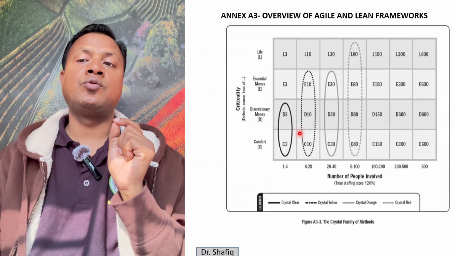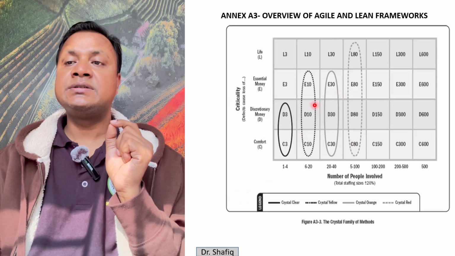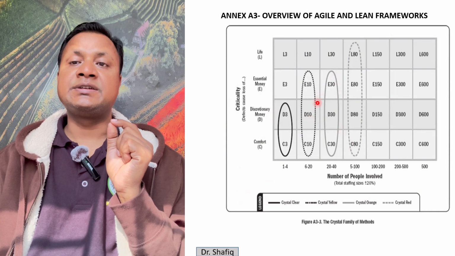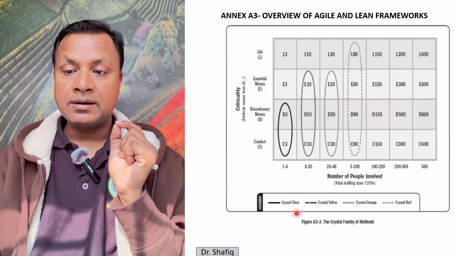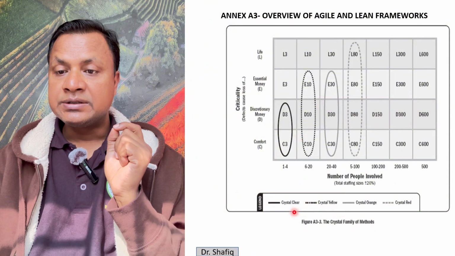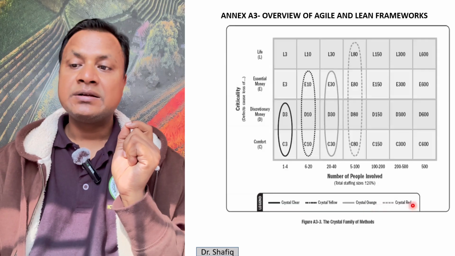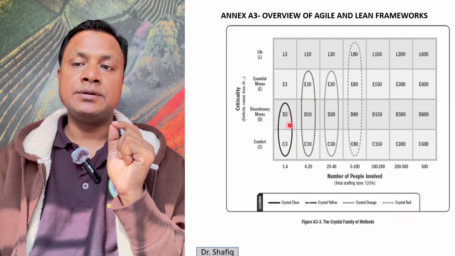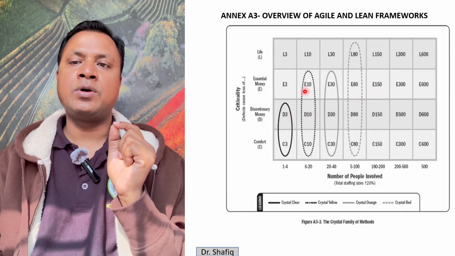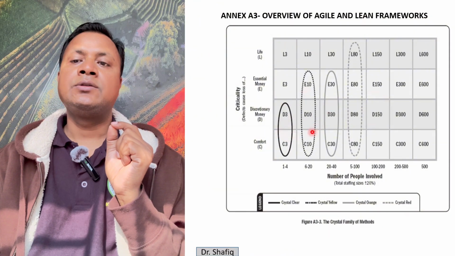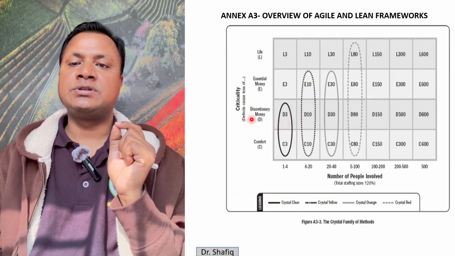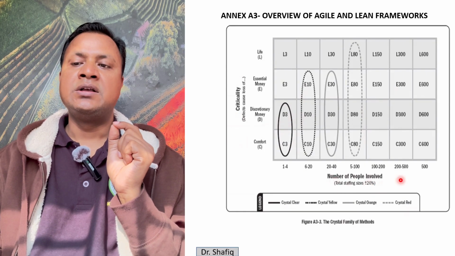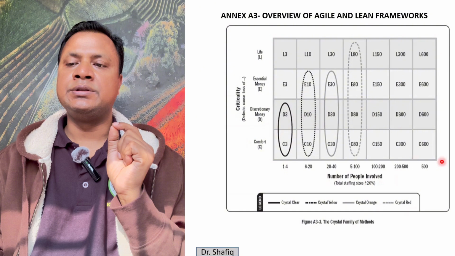Let's check one example here. This is an example of these Crystal methods. You have different colors: Crystal Clear, Crystal Yellow, Crystal Orange, Crystal Red. This is a black and white print, but you can find the colors. On this side we have the criticality and on this side the number of people involved. If the number of people is more, it will be in this way.